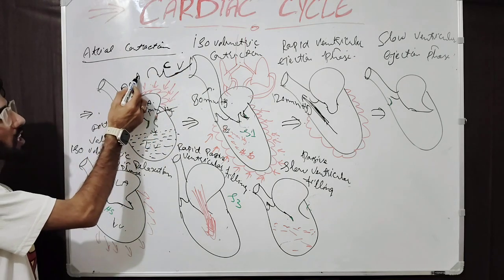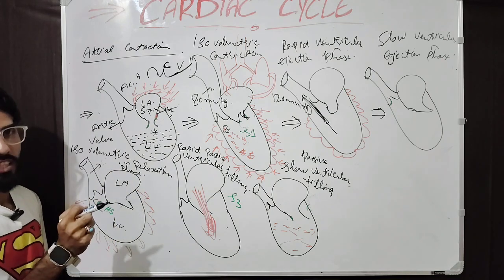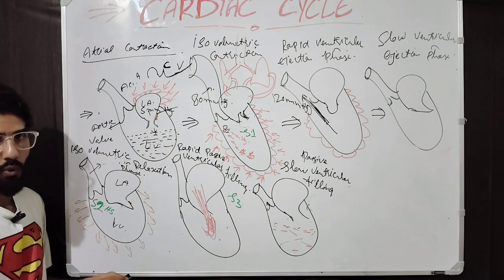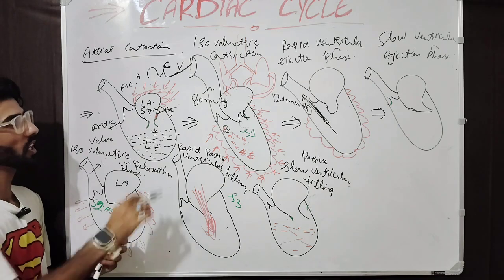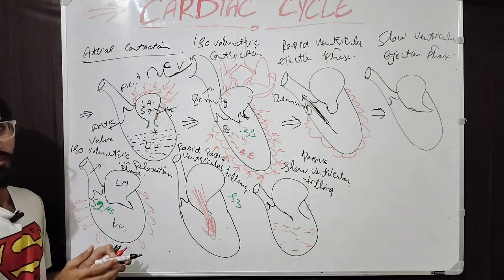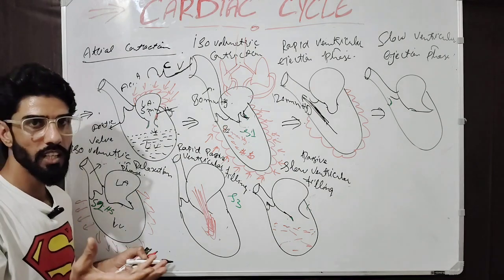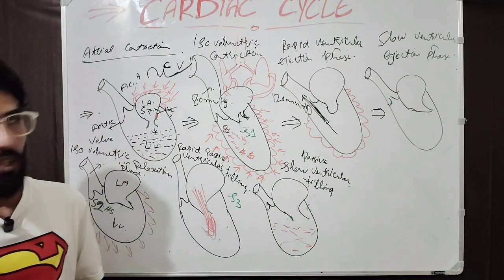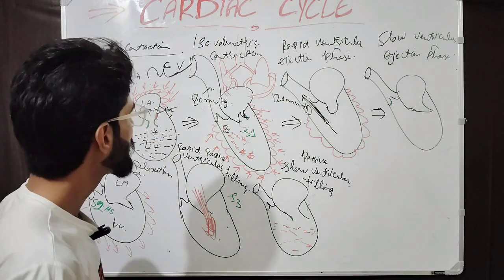So A wave is the atrial contraction wave, C wave is during the isovolumetric contraction, and V wave is the atrial wave when the pressure is progressively increasing. I hope it is clear to everybody.